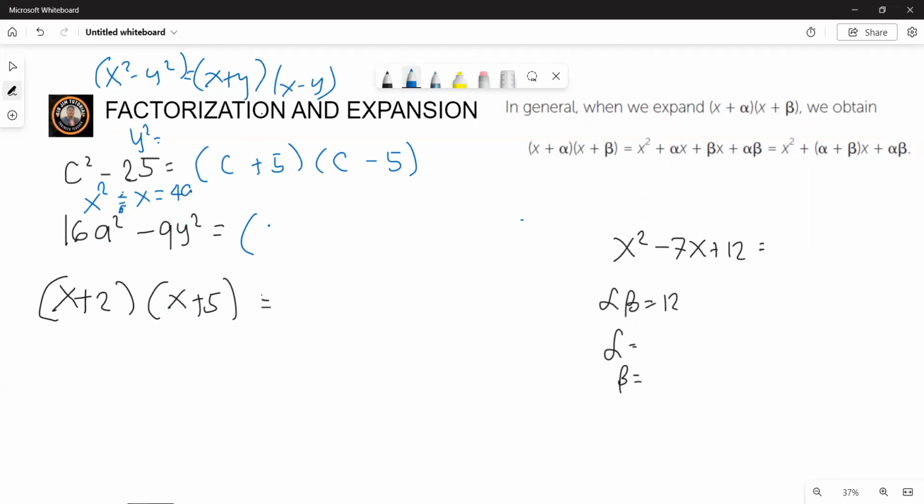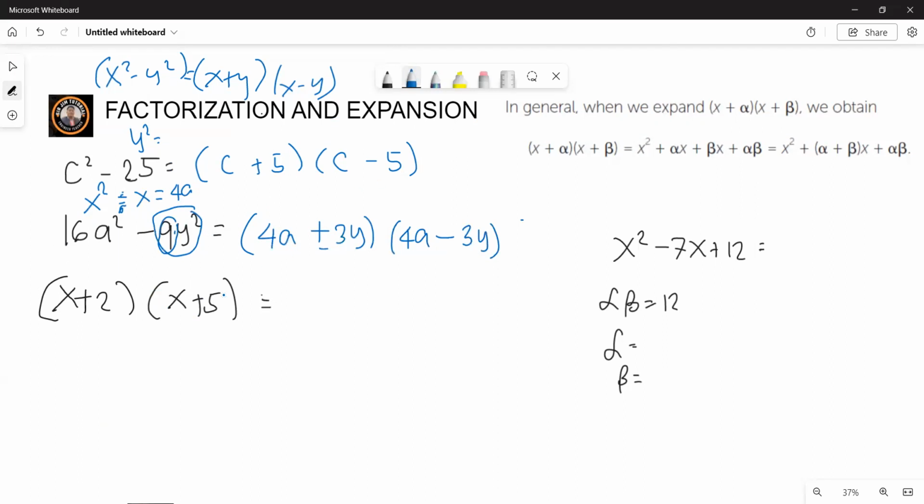So x is 4a, plus y here. This whole thing is your y squared, so you have 9, you have 3, because 3 times 3 is 9. Then you copy the same, and instead of plus, you have 4a minus 3. Okay, so these are the factors of this expression.